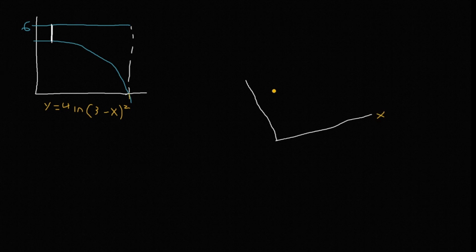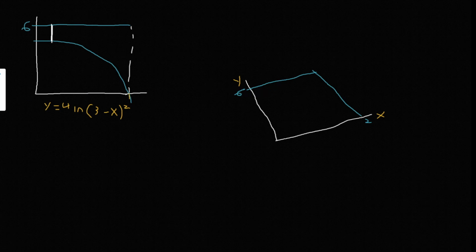I'm kind of rotating it on its side to an extent. So we have this x is equal to 2. And we have our y is equal to 6 line up here.